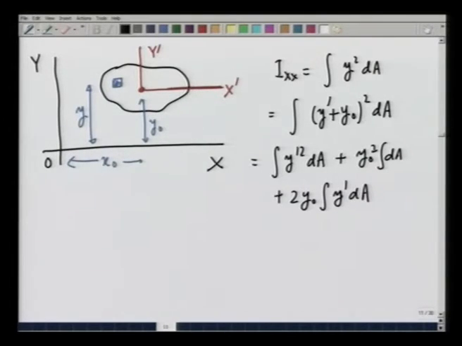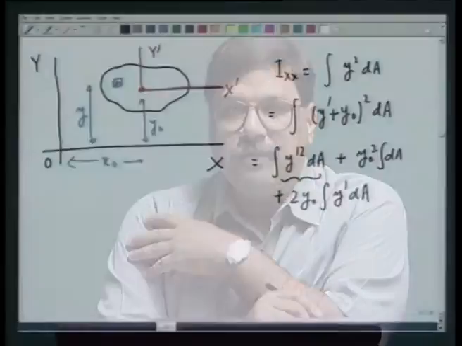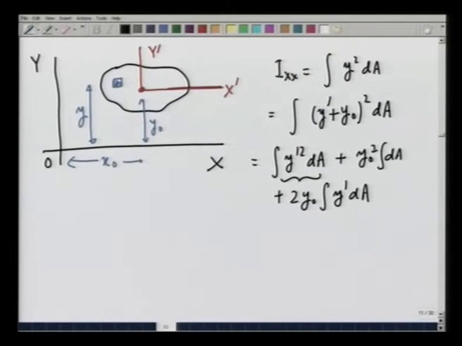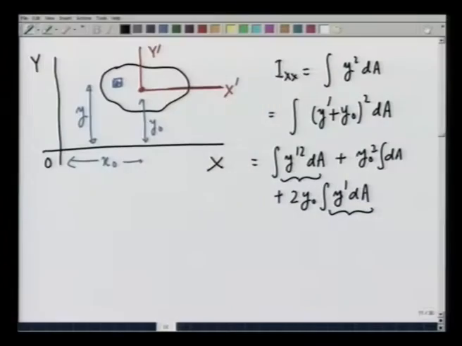Notice that integral y prime squared dA is the I_x prime, that is the second moment of inertia about the x axis passing through the centroid, and integral y prime dA is nothing but area times the y coordinate of the centroid in the centroid frame.